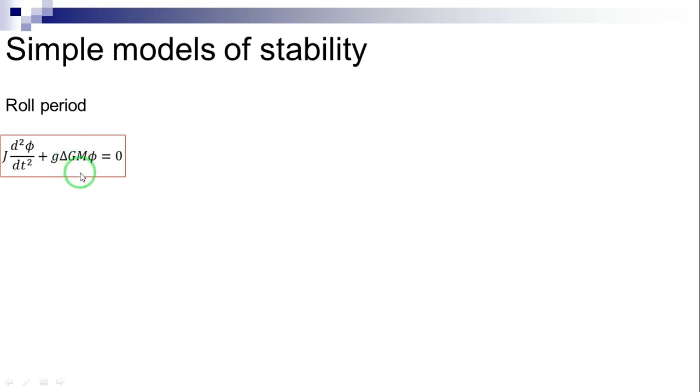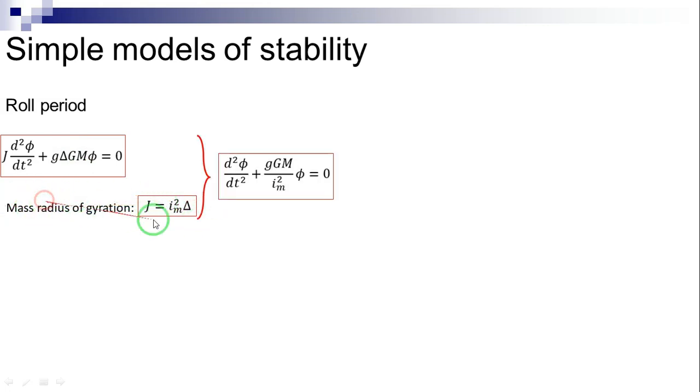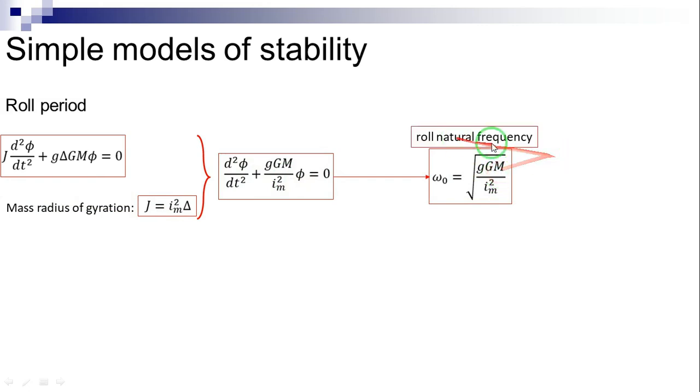We define the mass radius of gyration, Im, by this equation. Thus, the equation describing the roll motion can be written as shown here. Here we can define a new parameter, ω0, referred to as the roll natural frequency.